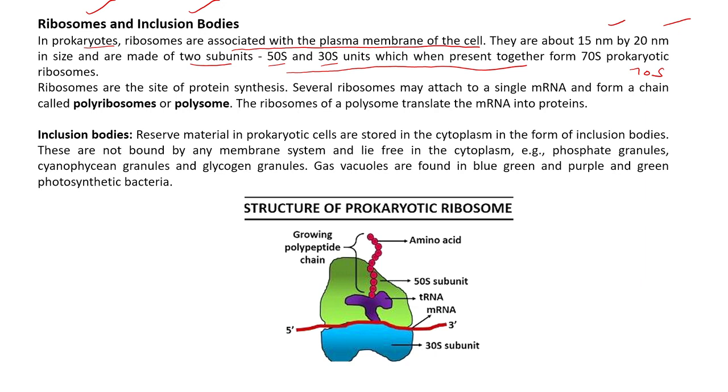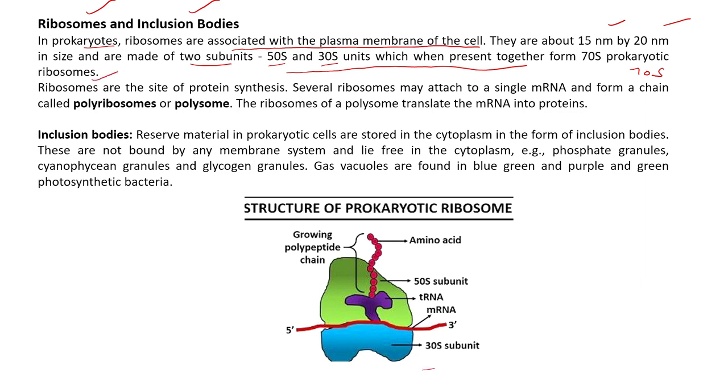You may be confused why 50 and 30 do not make 80S. It is not like that in biology. When you go to a higher class, you will study why it is a 70S unit. Just at this point, learn the 50S and 30S units. When they are present together, they form 70S ribosomes.